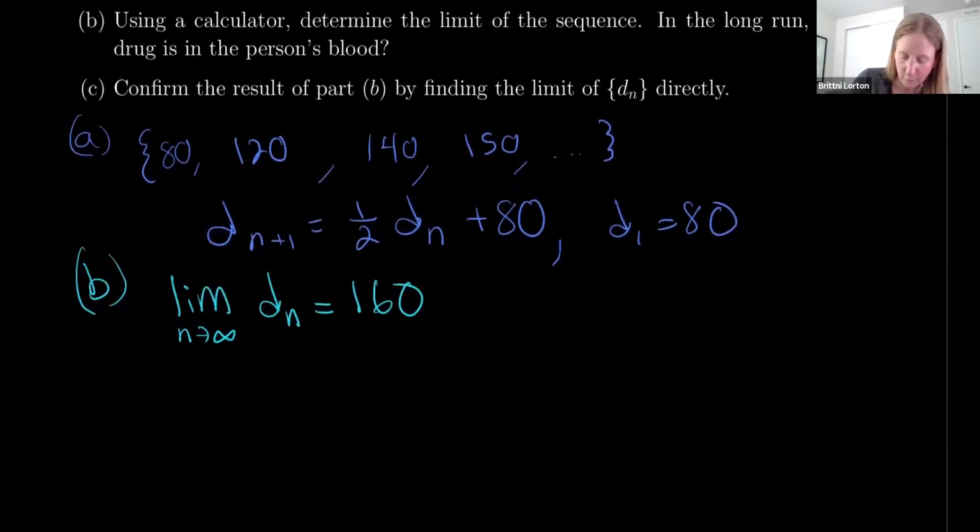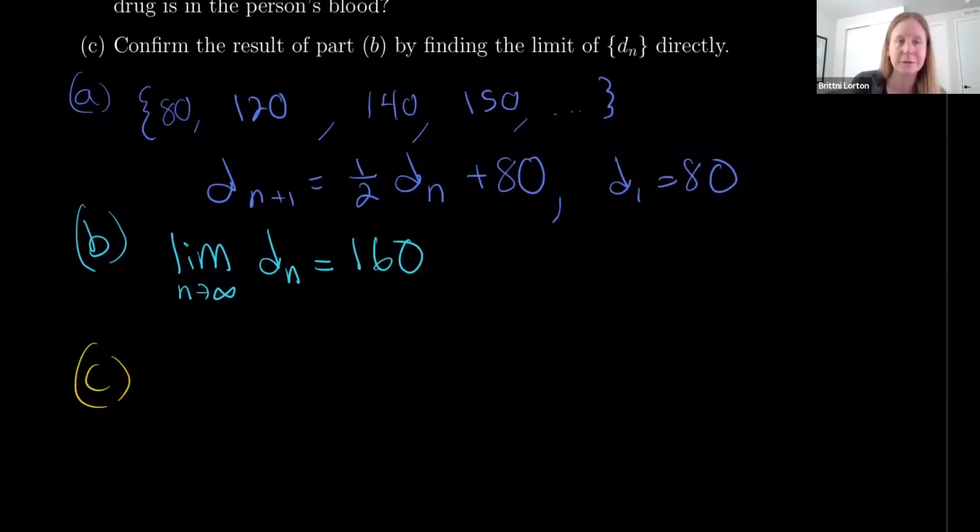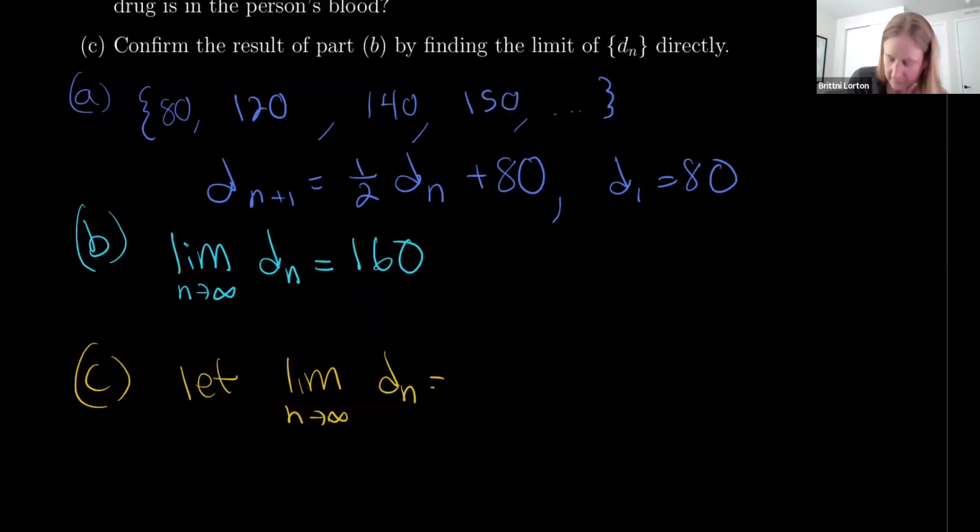Now, part C was to confirm that using calculus. So here's what I'm going to do. I am going to let the limit as n goes to infinity of that sequence equal something. I think it's 160, but let's pretend for a second I don't know what it is.